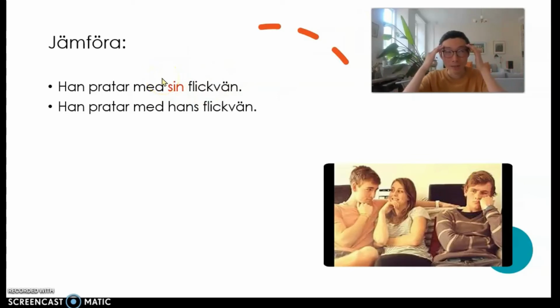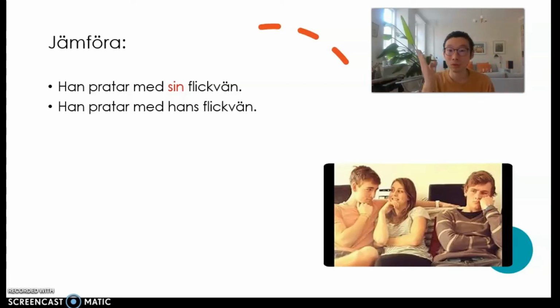So let's get it straight. In English, we don't have this reflexive possessive pronoun, and in Swedish we have them, which means in Swedish, to have it is the normal state. It is normal to have them, so we must use it to mark the relation and the ownership of the object to the subject.